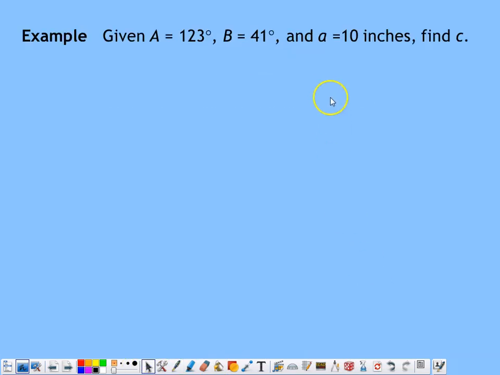All right, so I'm going to do just a case that is unambiguous just to start with. I'm going to attempt to do it over here where it's going to look nasty, but here we go. I'm going to draw a triangle, and we'll have angle A. I made it nice and fat, 123. Yes, you can.